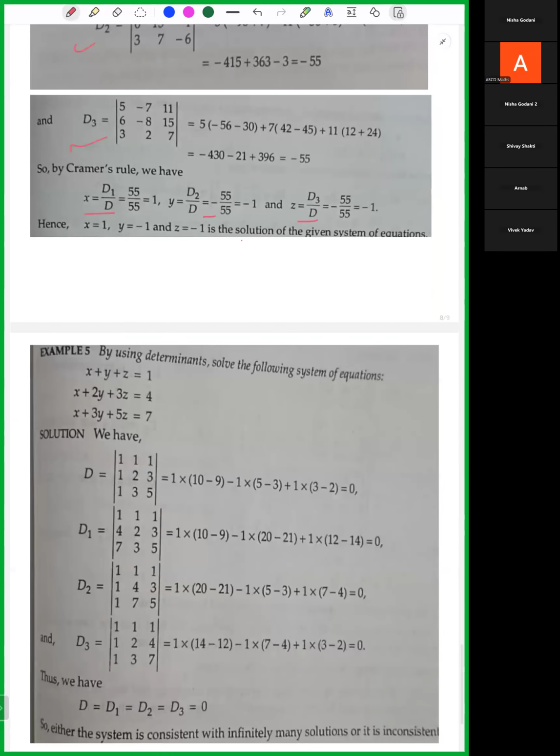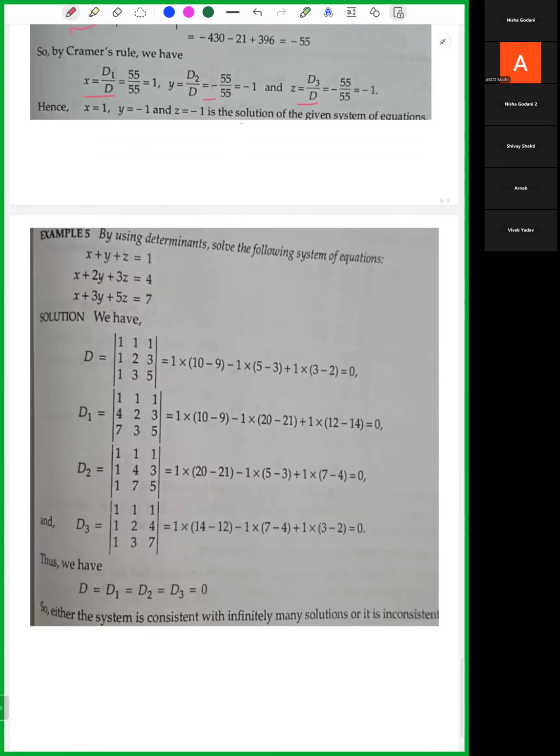So you can see another question also. Here you have a system of three equations in three unknowns. You can see that here all determinants D, D1, D2, D3 are 0. So we can say that the system is consistent or inconsistent. If the system is consistent, then it has infinitely many solutions.